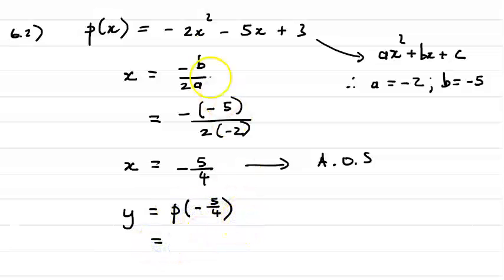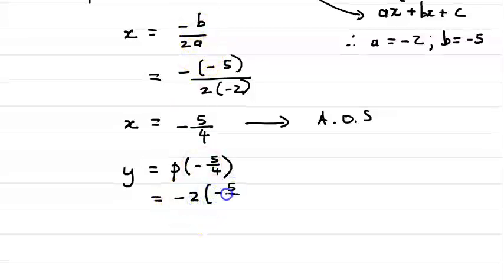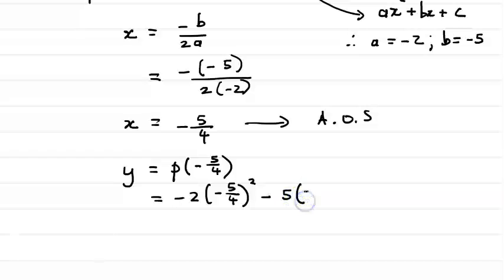So let's substitute: minus 2 times minus 5 over 4 all squared, minus 5 times minus 5 over 4, and plus 3.